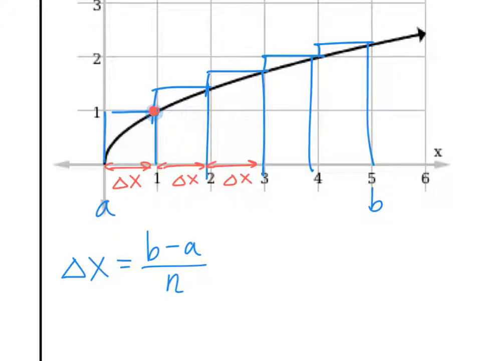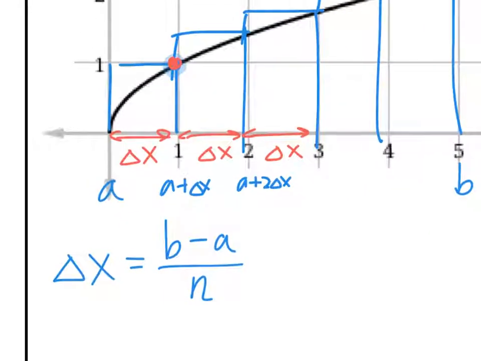What about this part that says 2? From A, how much did I move? A plus 2 delta x. Yeah, A plus 2 delta x. Can you guys all see that? Yeah? Okay, so I can label it like that. This is A plus delta x, and then A plus 2 delta x, and so on, and then I can label the rest of the points.